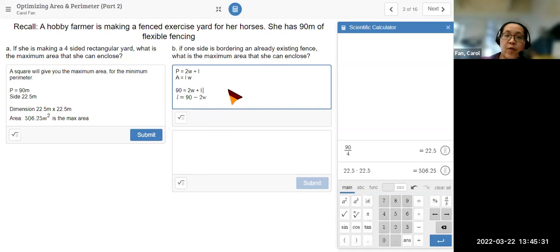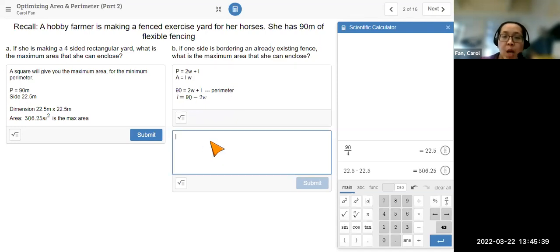Now that we've rearranged our equation, we can substitute this into our area because I want to maximize the area.